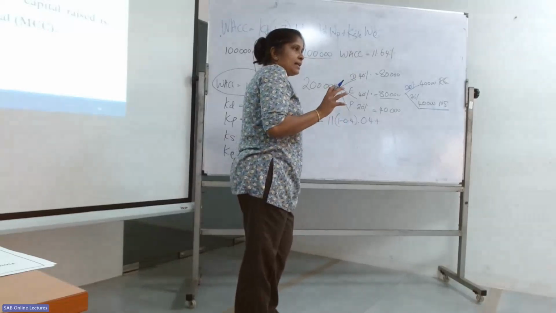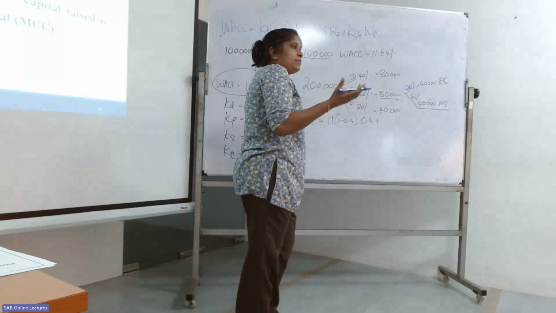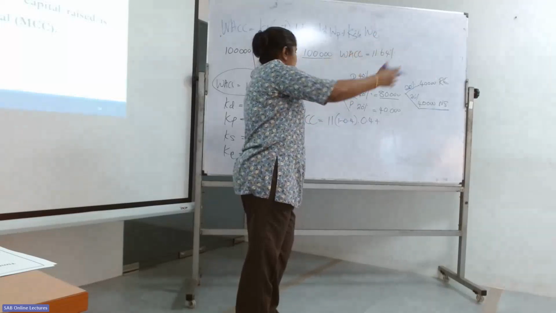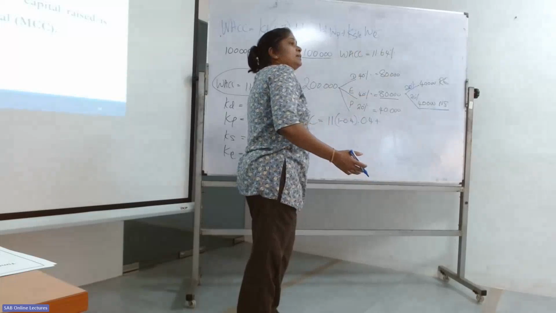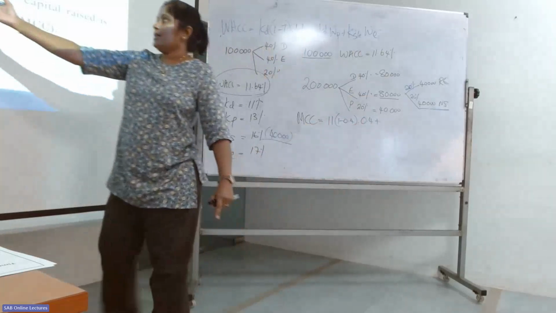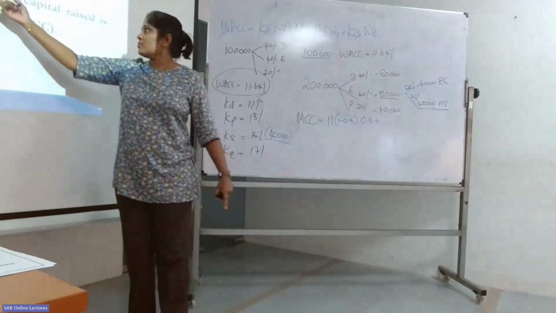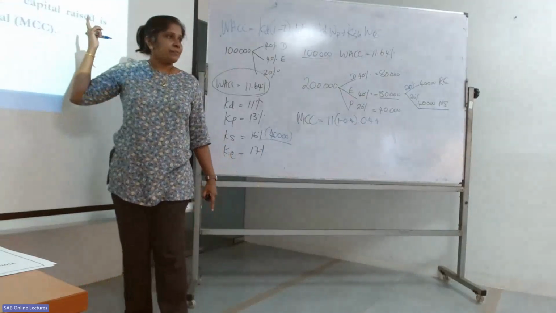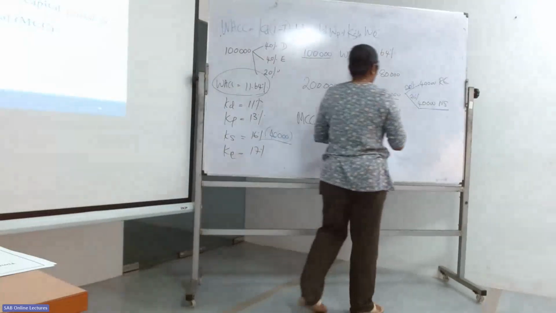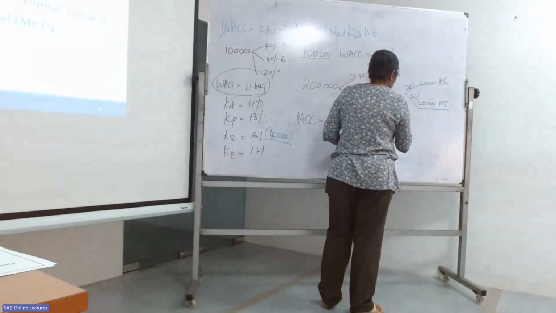This is the MCC. When the company raises new funds, the relevant cost for the equity part is now 17%. This is the marginal cost of capital, the weighted average cost of capital of the next rupee of capital raised.